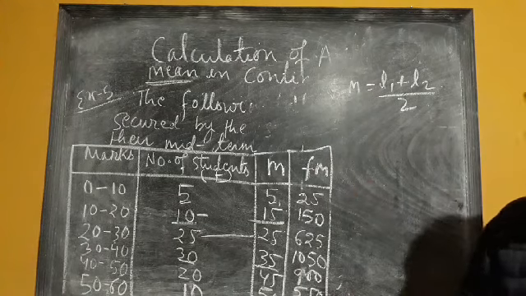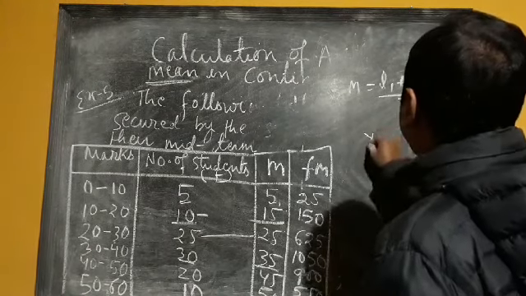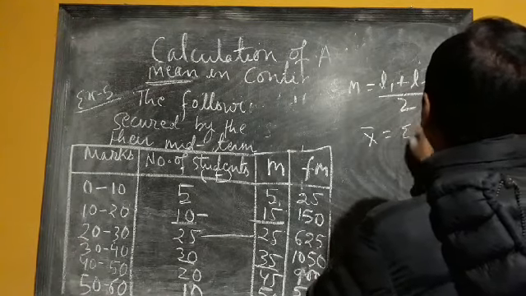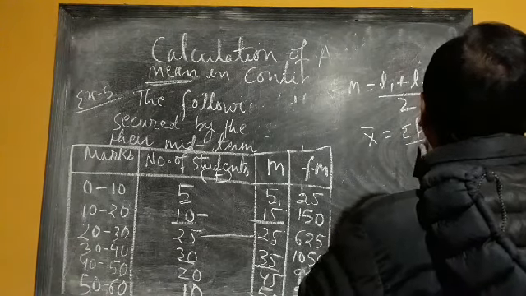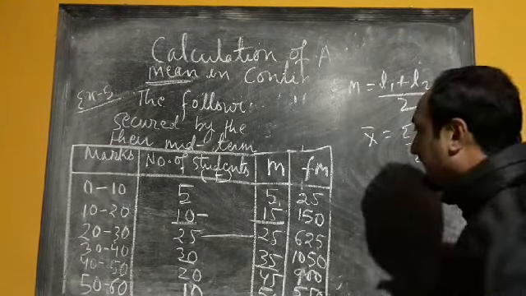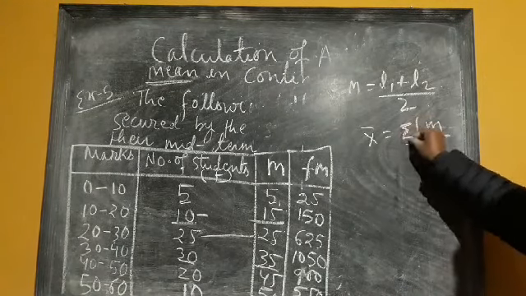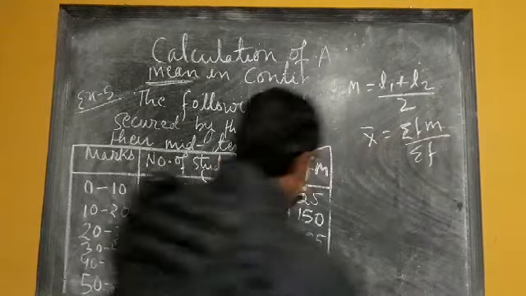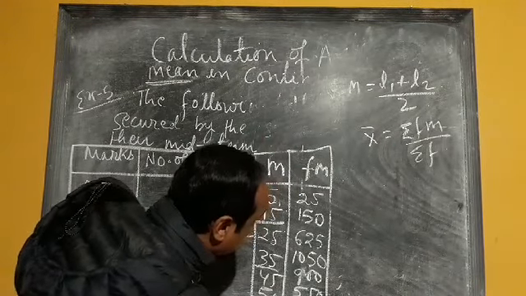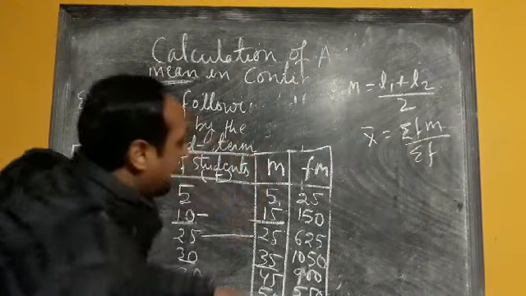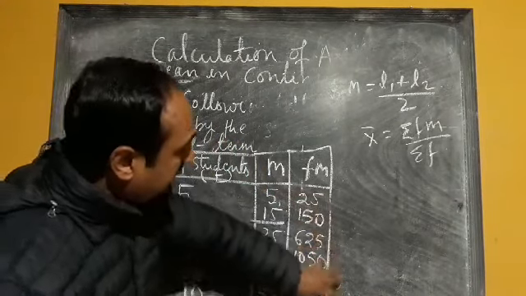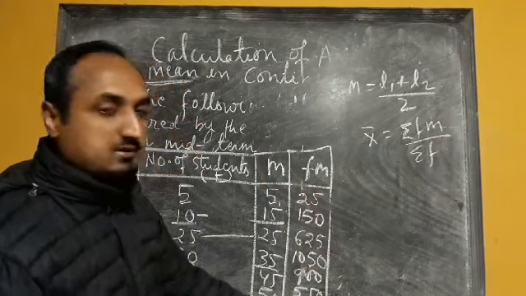Now according to our formula, x bar equals summation Fm by summation F. How will you calculate summation Fm? When we add the values of Fm, the total of Fm is your summation Fm.